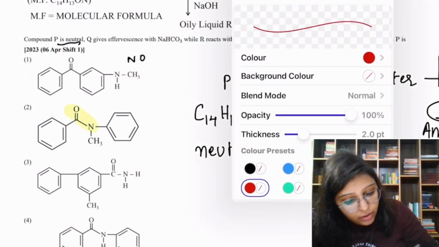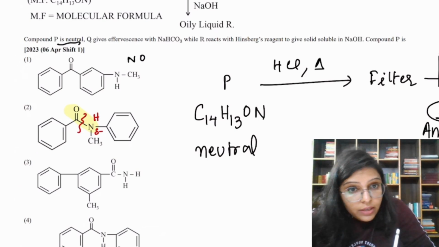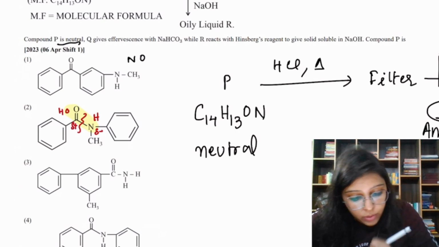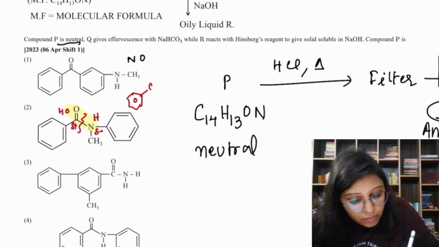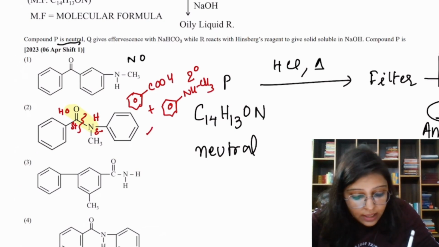So let's do the hydrolysis of the amide. On breaking this, here we write H because nitrogen is delta negative, its electronegativity is more. Then here delta positive, so here we have OH. So from the second one, we get benzoic acid plus we get this NHCH3. This is a 2 degree amine. So this cannot be the answer.